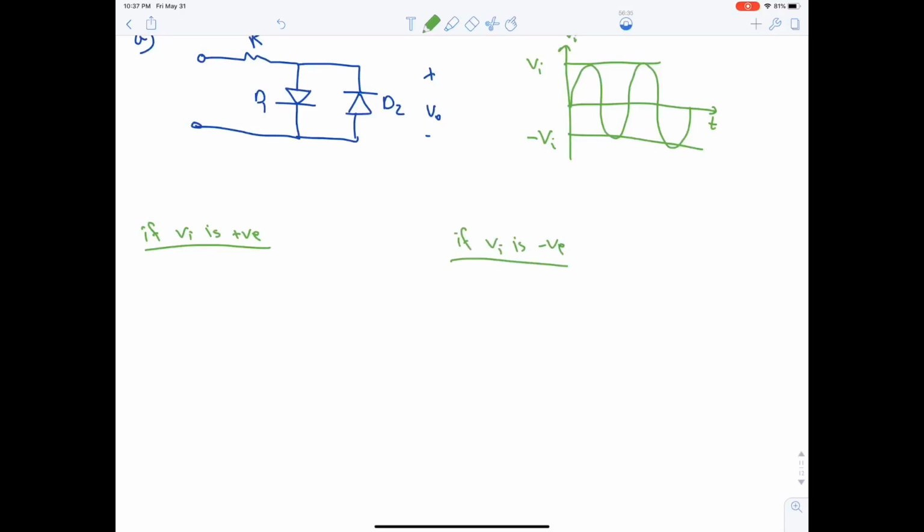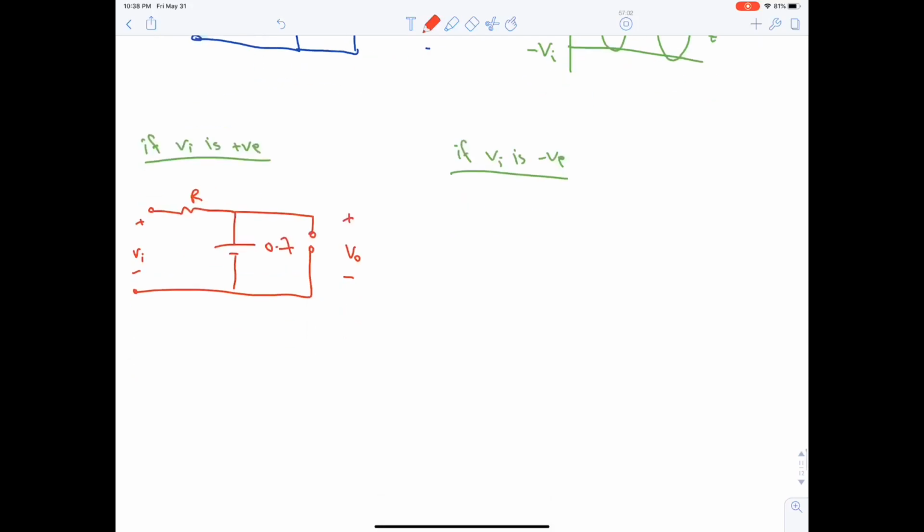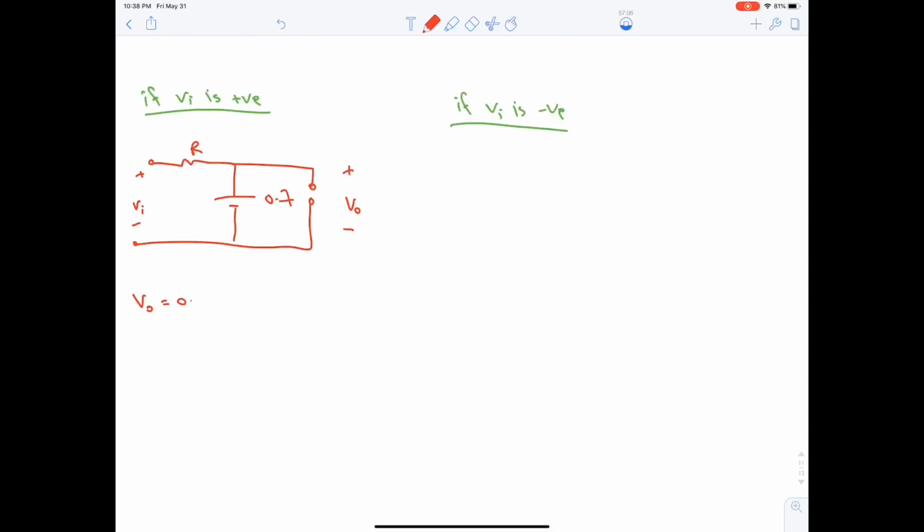if Vi is positive, the diode is on, D1 is on, D2 is off. Now here it's off, it's not breakdown. Why? Because we were not given a value for Vz. And here we're having 0.7, this is open, okay? So the output is equal to 0.7 volt, okay?